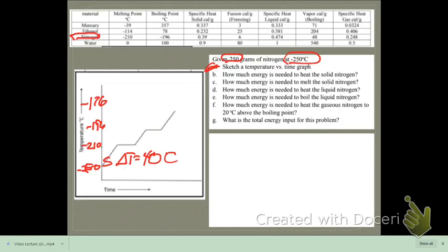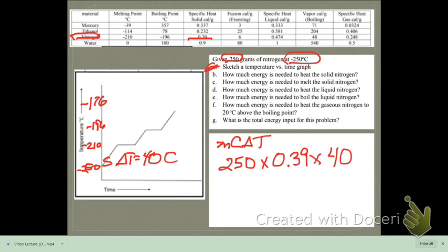So since I am increasing in temperature, then I know I'm going to need to use the MC delta T for this. So I'm going to take what I'm given, which is 250, times the specific heat for solid nitrogen, which is right here, and that's 0.39, times my delta T, which is 40 degrees Celsius.